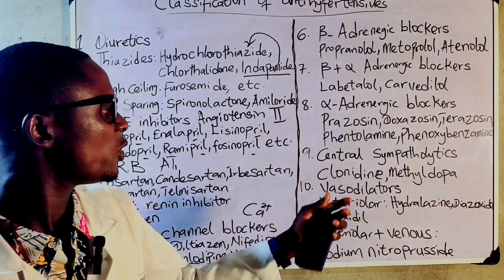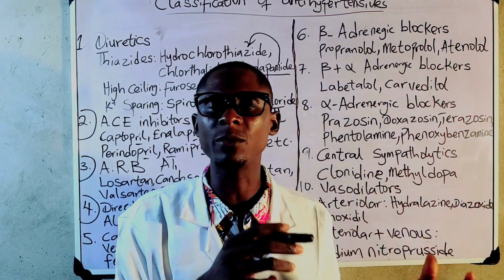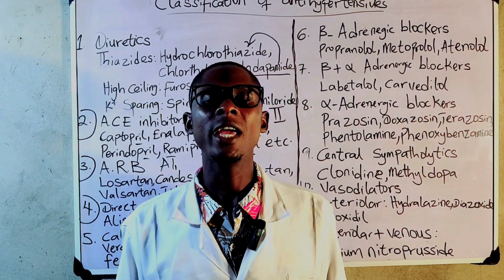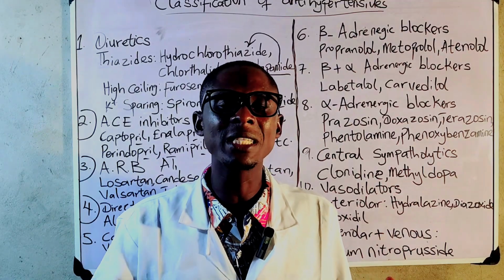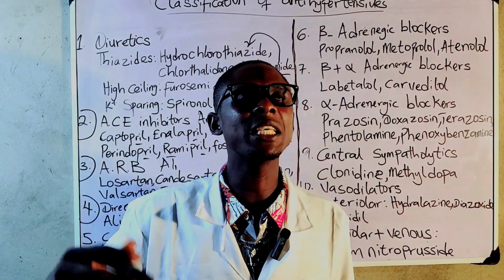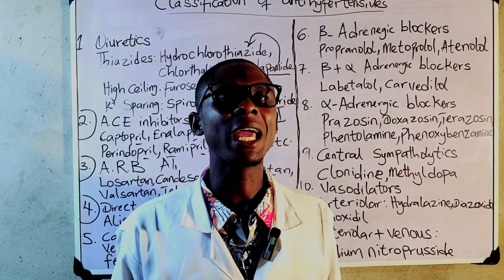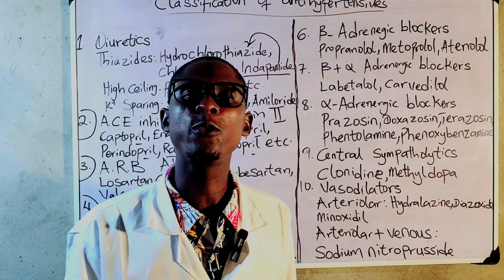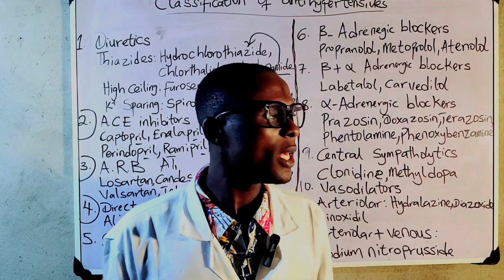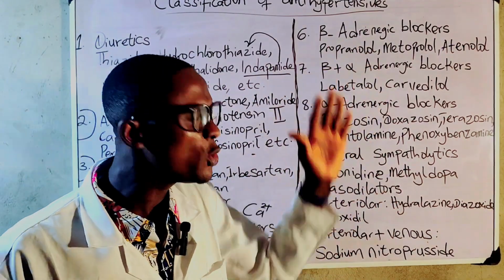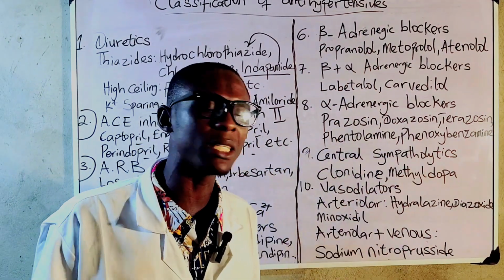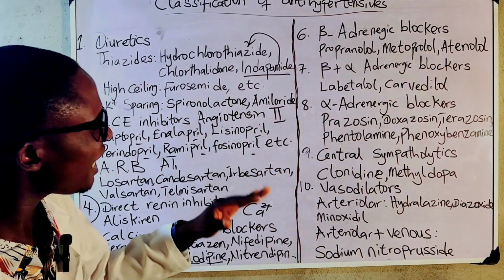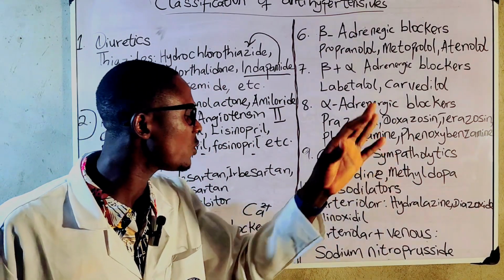When the sympathetic nervous system is activated, it increases the heart rate, and when there is an increase in heart rate, there will be high demand for flow of blood, or flow of fluid, all through the body. So this class of drug will reduce that effect of the sympathetic activities in the brain.